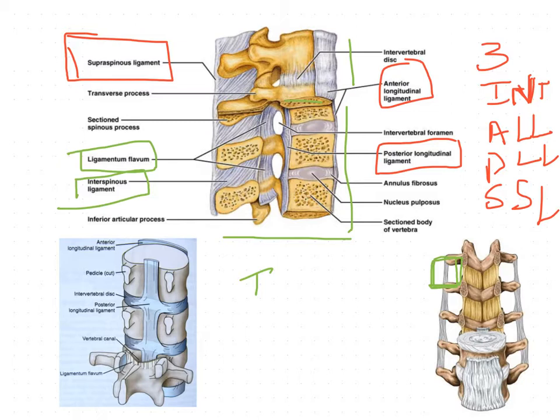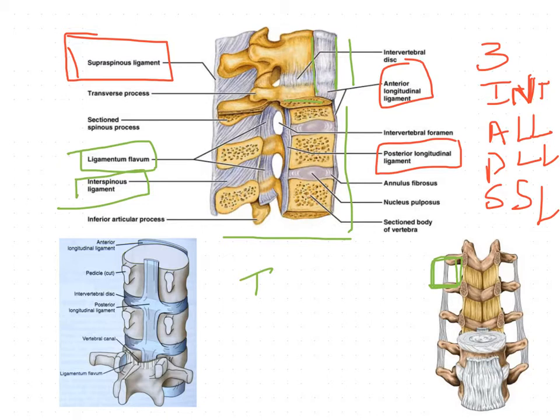So if you see the anterior longitudinal ligament, it runs as a dense band along the anterior and lateral surface of the vertebral bodies.